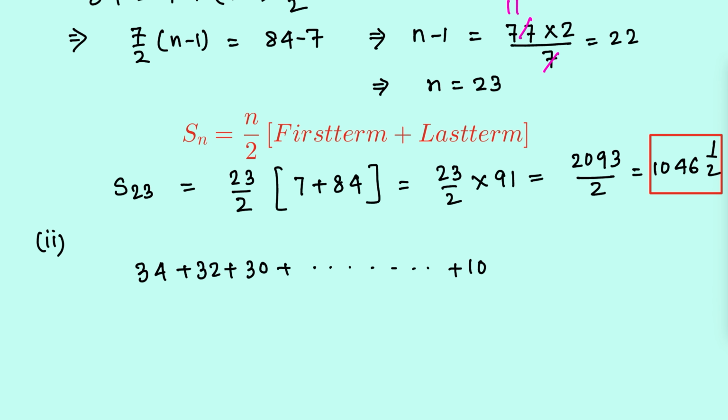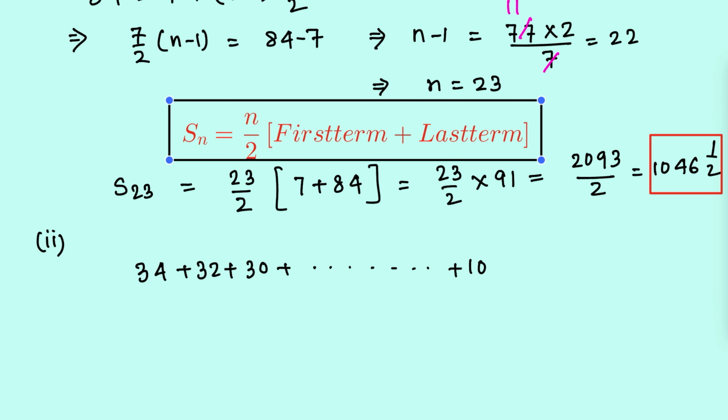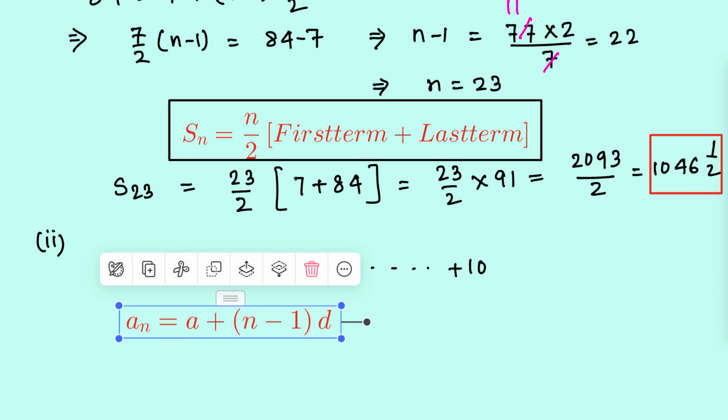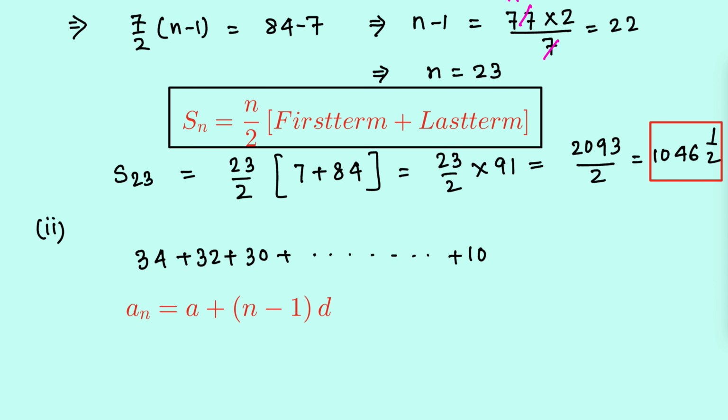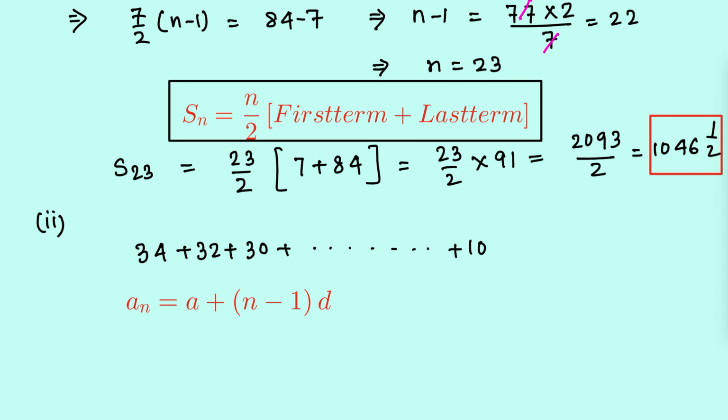Now we have to find n. If we get n, then we can put the values in the formula and find Sn. So similarly here, an is equal to a plus n minus 1 into d, and an is equal to 10 here.